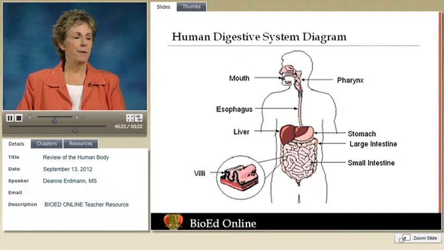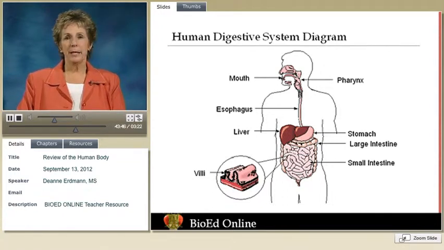Then in the small intestine also, the liver is going to add bile that helps to emulsify the fats, which is kind of like a detergent, breaking up droplets of fat so that they can be more easily processed. The pancreas adds multiple enzymes to help with the digestion as well.